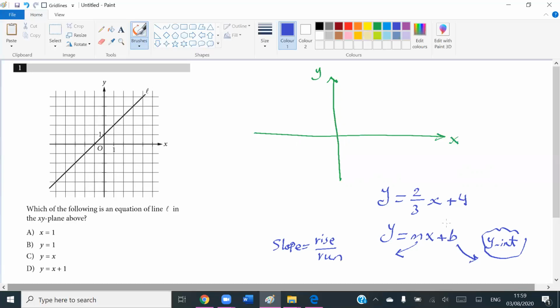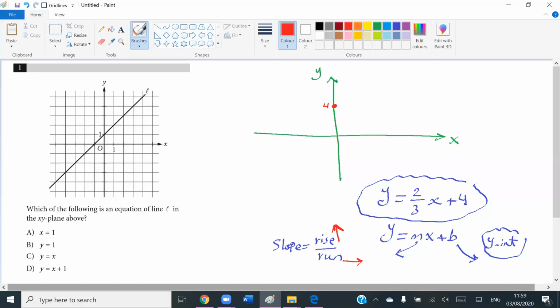So how can we graph this equation? y equals 2/3x plus 4. The first step, you need to plot the point 4. This is called the y-intercept. So it's 1, 2, 3, 4 on the y-axis, and we take one point like this. And from this point, we graph the slope. Slope equals rise over run. Rise means you move upward, and run, you move to the right, in case we have a positive sign.